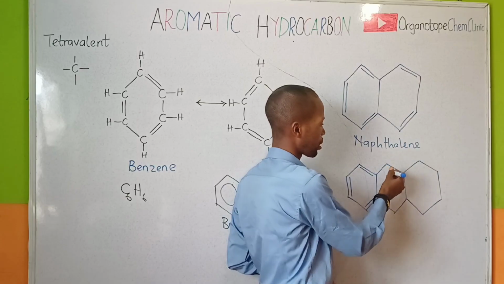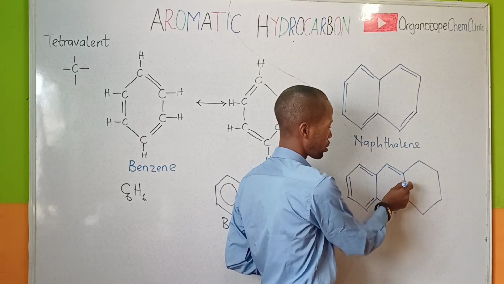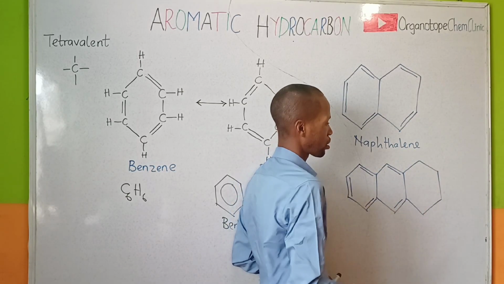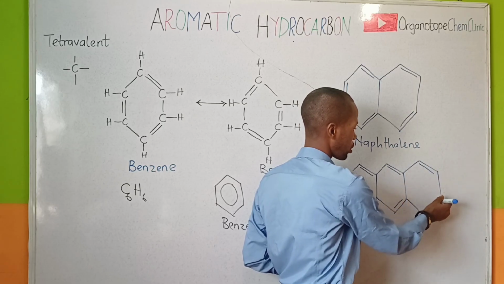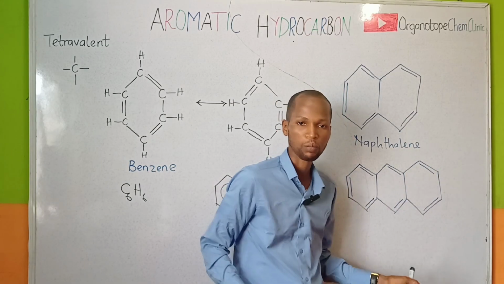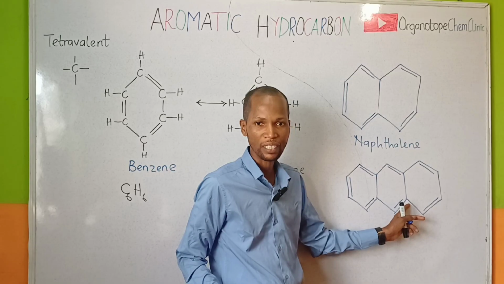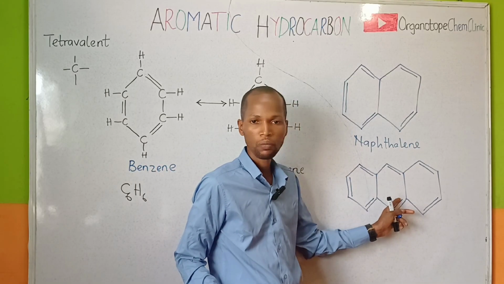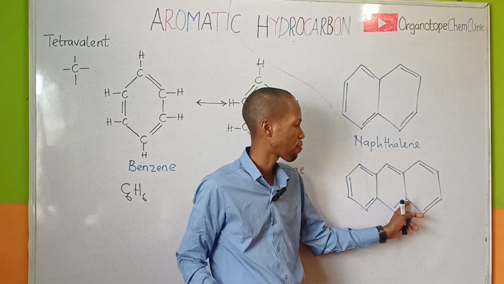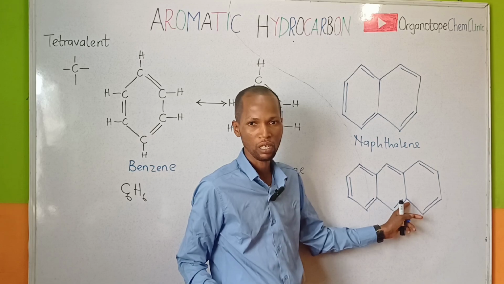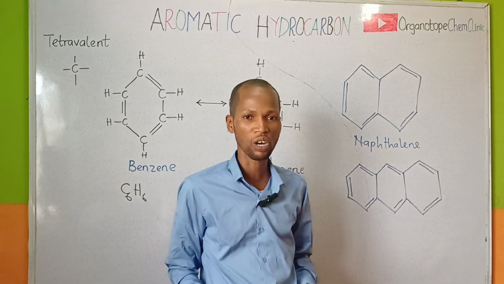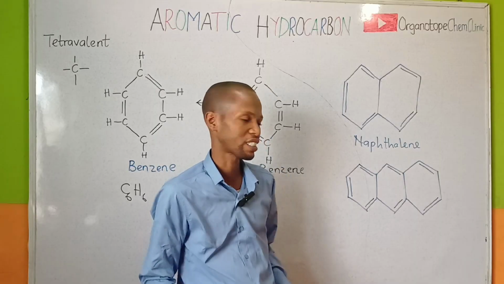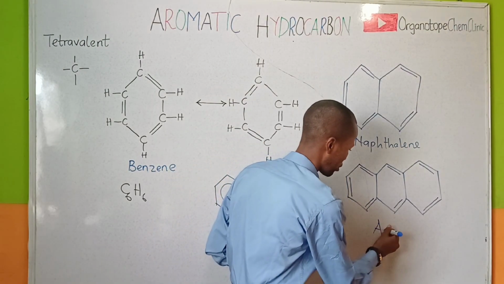Then you move to the next ring: double bond, single bond, double bond, and you move to the third ring: double bond, single bond, double bond. So we are not expected to express the double bond right here because this double bond also affects this position. So we have 3 fused benzenoid structures, which is what? Yes, anthracene.